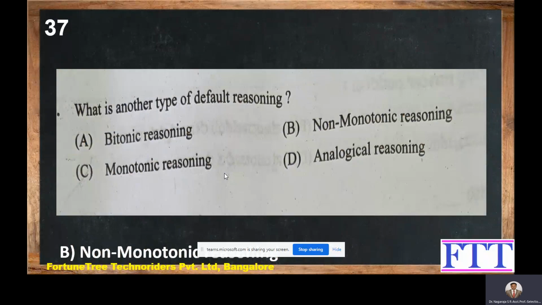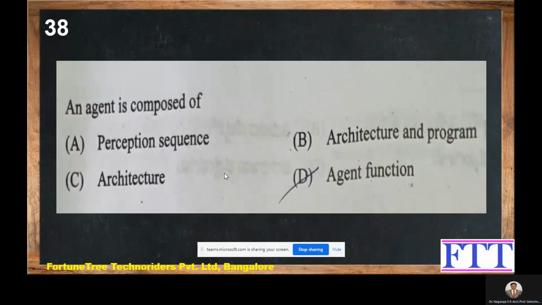Question 38, an agent is composed of option A, perception sequence. Option B, architecture and program. Option C, architecture. Option D, agent function.